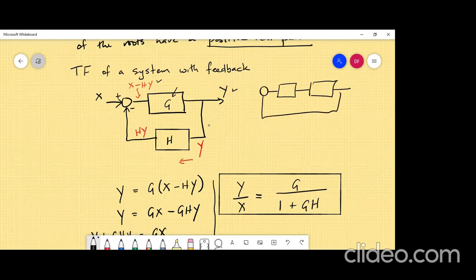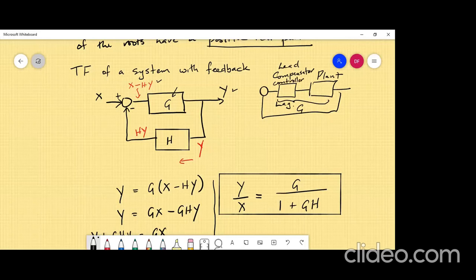You have the plant, and then you have the compensator. Some of them are called the lead compensator or the lag compensator. Now, when you put them together, that forms the G. So this thing here is a controller or compensator.